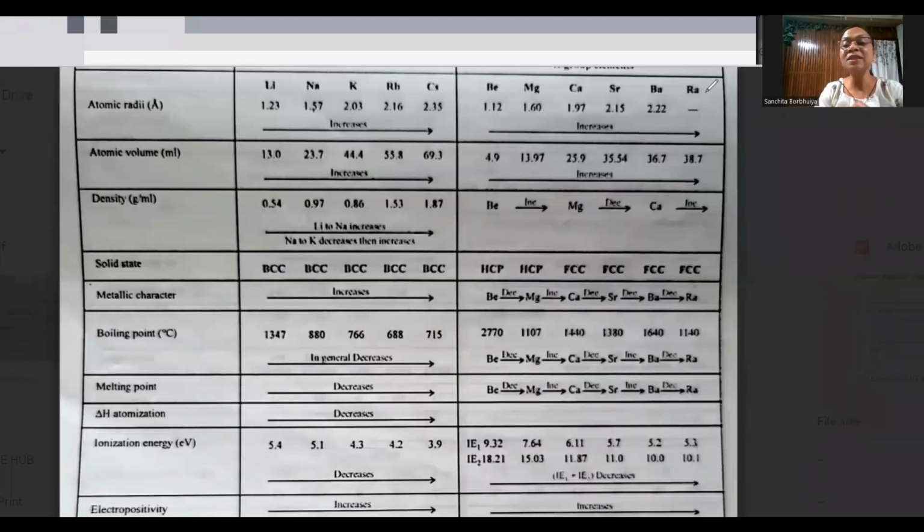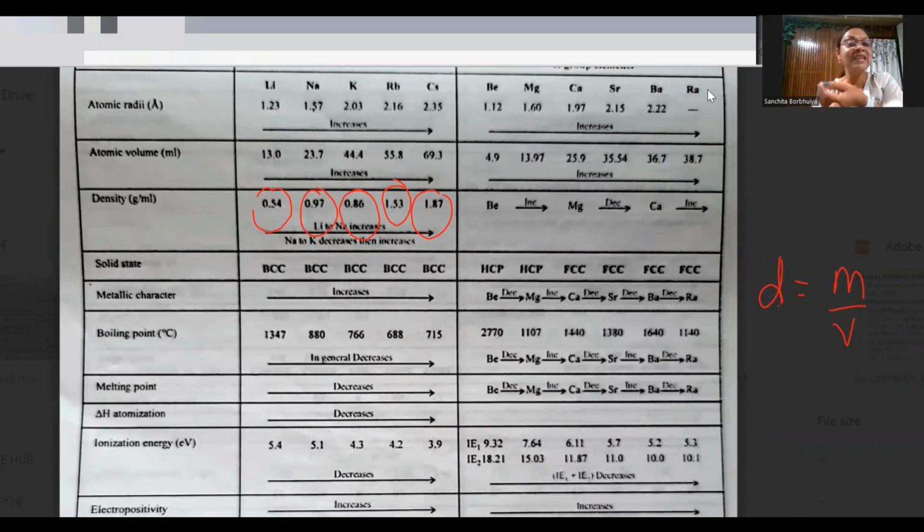Going on to the density, same relation which I had quoted, I will quote it once again. Density is mass by volume. So density and mass are directly related. So 0.54, 0.97, 0.86, 1.53, 1.87. So for potassium, we have a slight decrease in density.